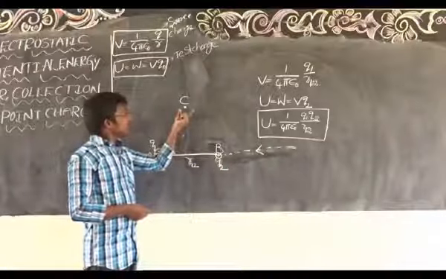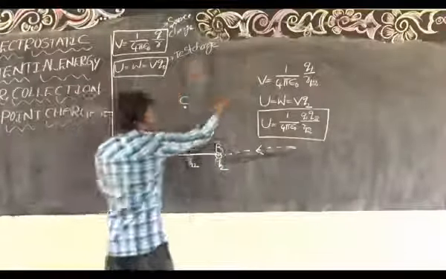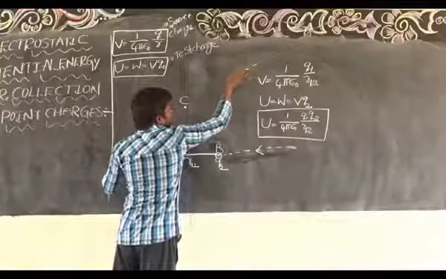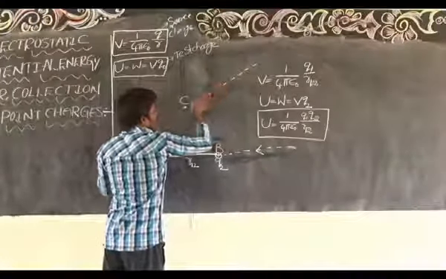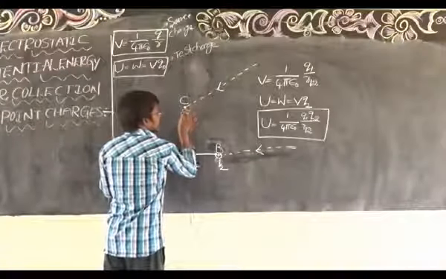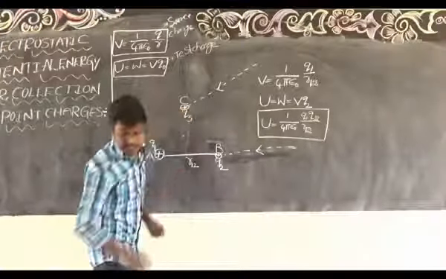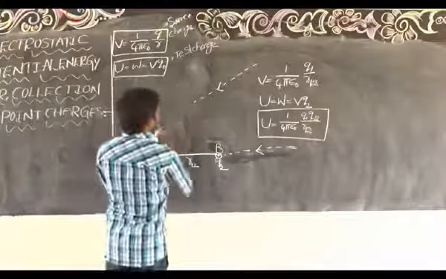Okay, now at this point C, again one test charge is coming from infinity to point C. The test charge is Q3.